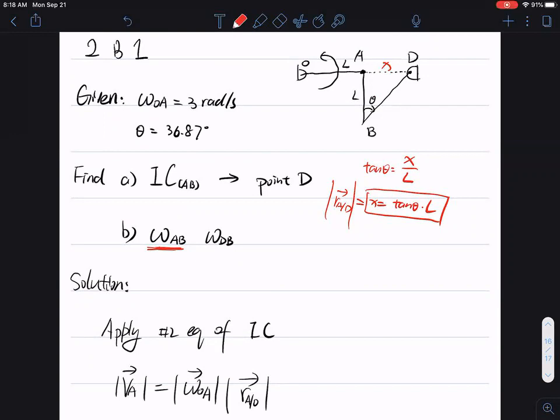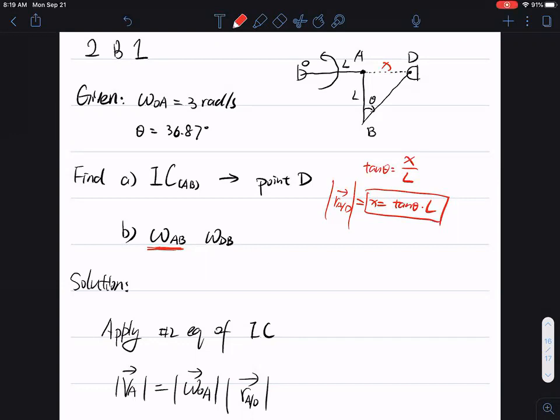Now we know the angular speed of this rigid body. We can apply the second equation to find out what is the speed at this point, because we can find out distance from that one to the instant center. Once we know the speed of that point, we can apply the equation from step 5 again to find out what is the angular speed of that rigid body.